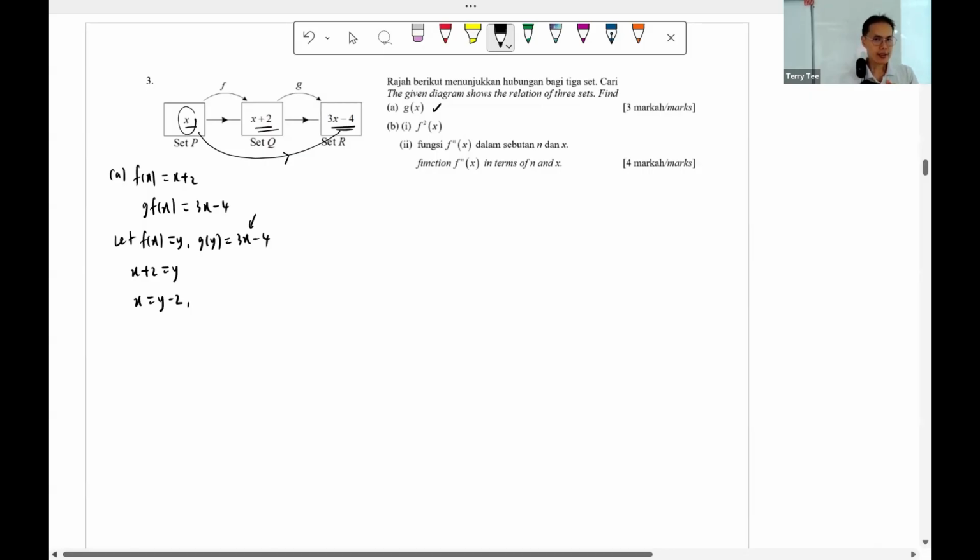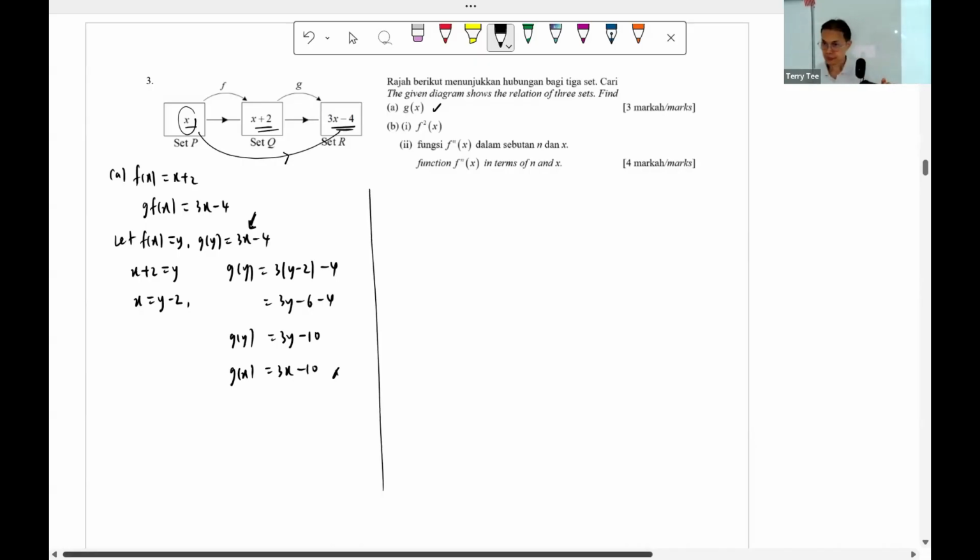So take this x, sub inside here. My g(y) is therefore 3 of y minus 2, minus 4. That gives us 3y minus 6 minus 4, which is 3y minus 10. If your g(y) is 3y minus 10, your g(x) is 3x minus 10.